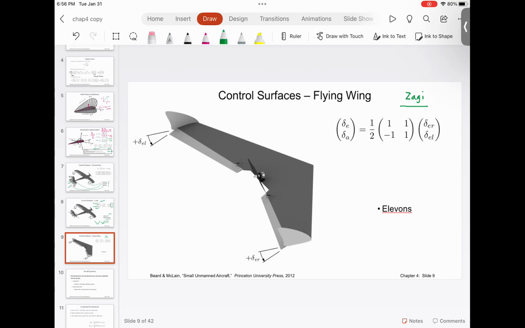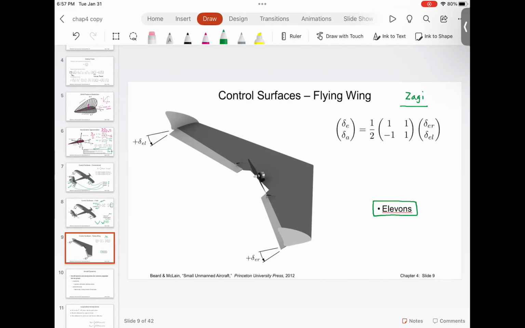So this is called the flying wing. In a flying wing, you do not have a rudder, you do not have an elevator, you do not have separate ailerons. What you have are elevons, which are a combination of elevators and ailerons.